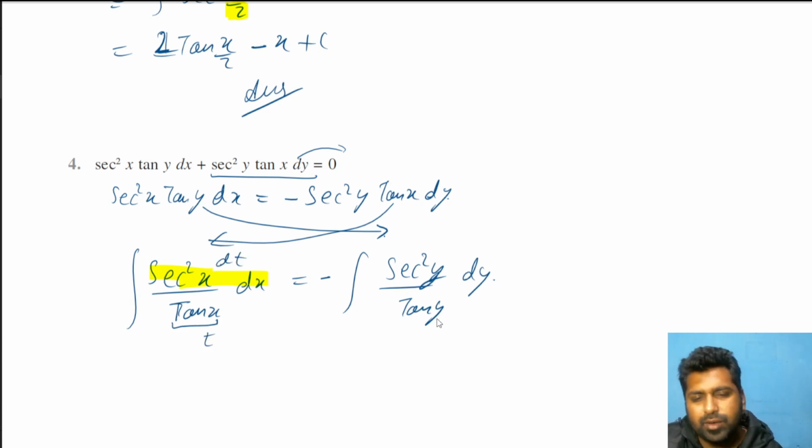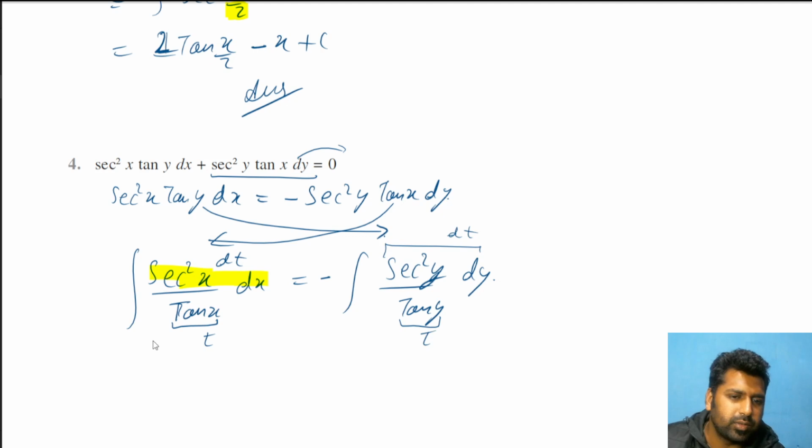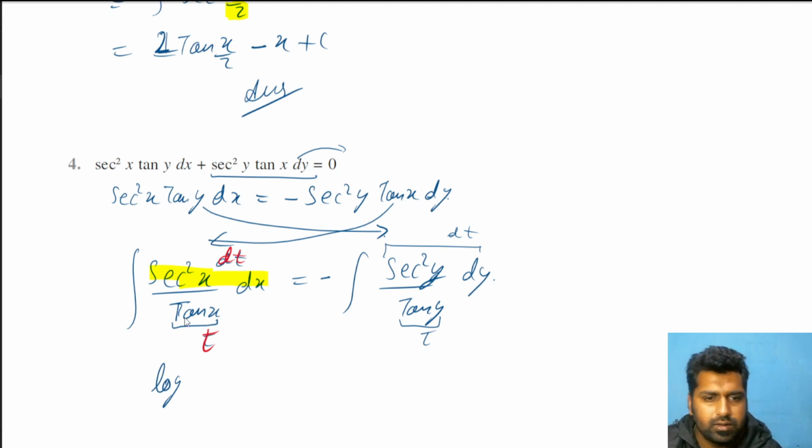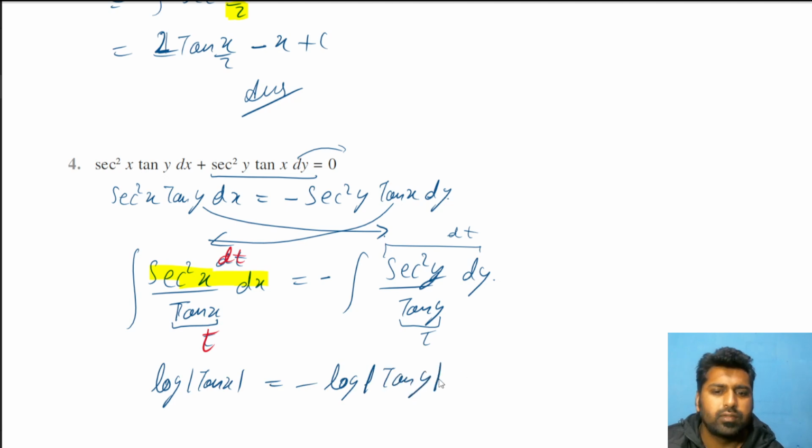And the same thing is happening over here also, no? If you take this as t, this will be your dt. What is the integration of 1 by t? This is in the denominator, no? So 1 by t integration is log mod t. So what is t basically? Log mod tan x. And this is minus log mod tan y.